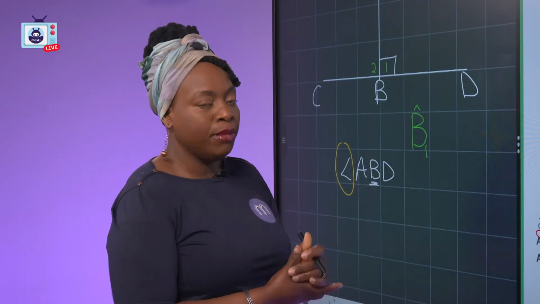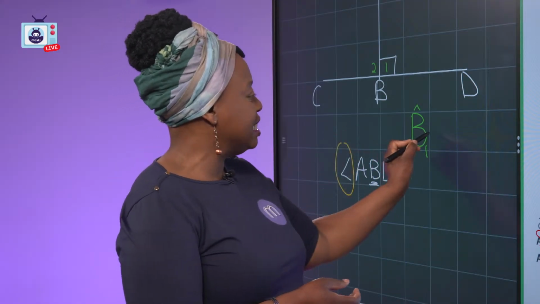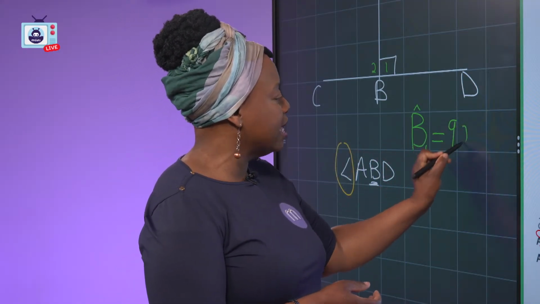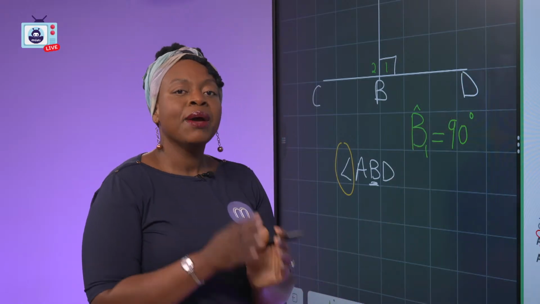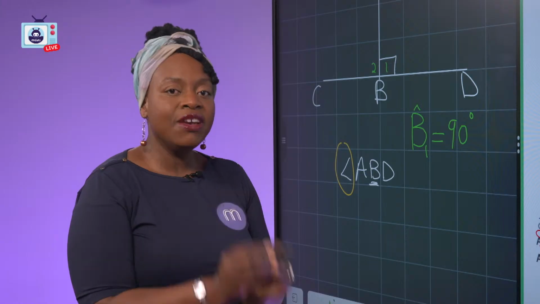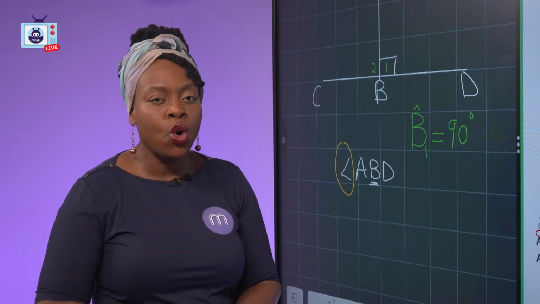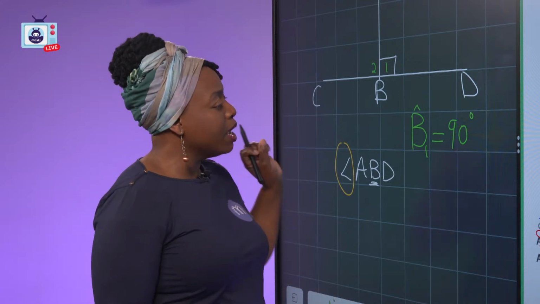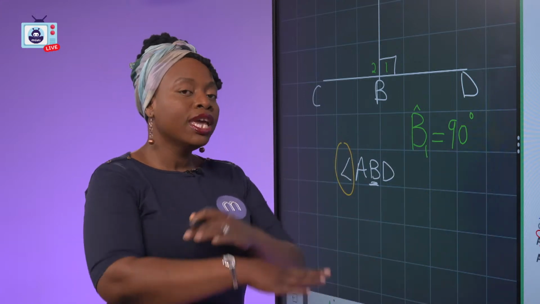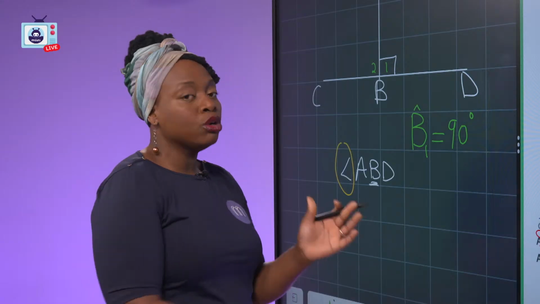So please make sure that you always write it the way it makes sense to you and the way you are comfortable. But make sure that if the diagram is given to you without the 1 and the 2, you don't just impose them, putting them in your head alone without showing it.